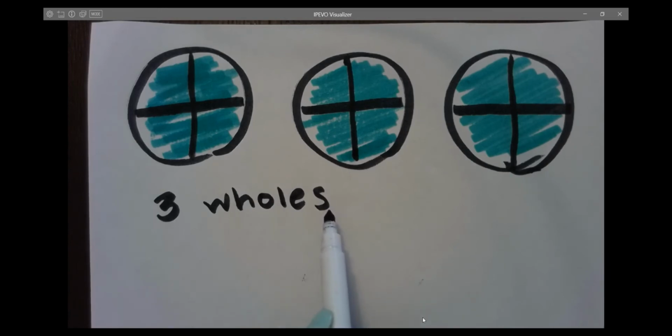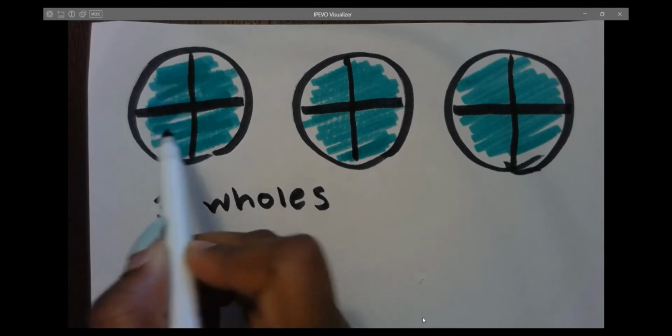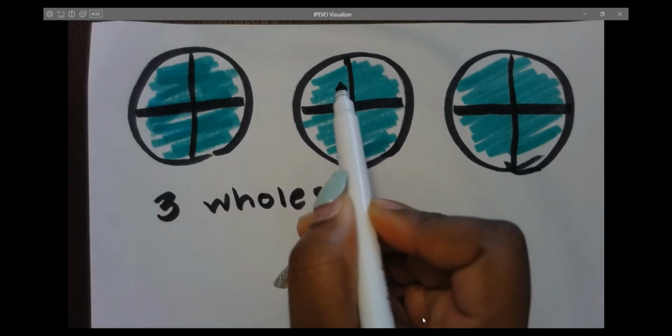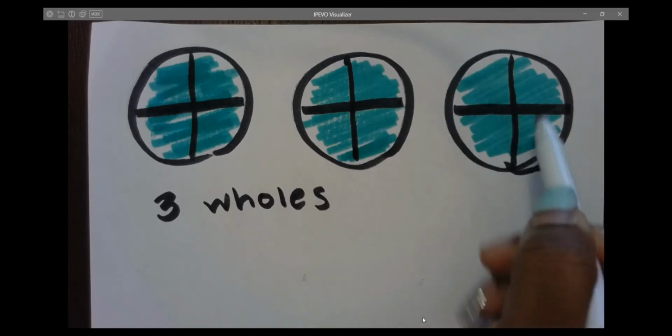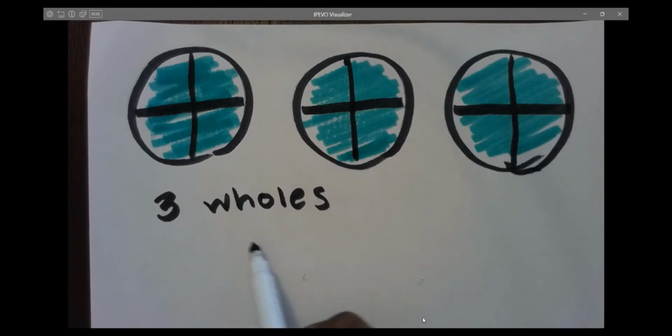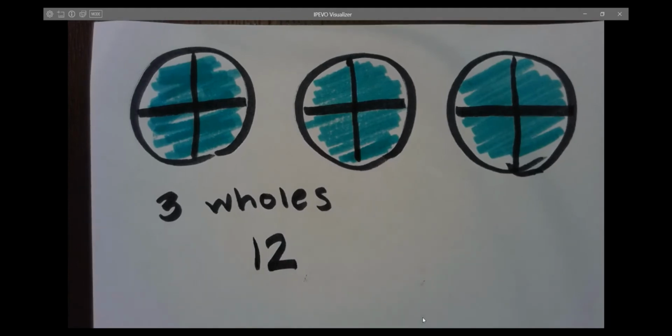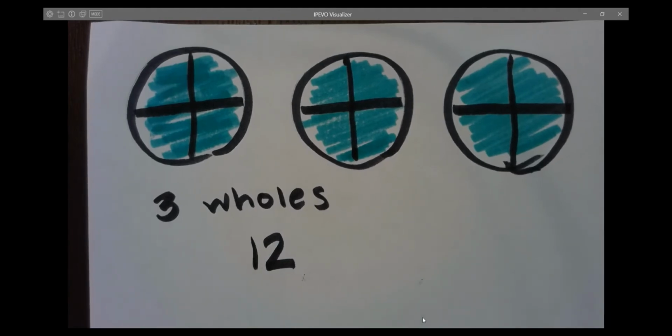Well, let's start by counting the number of pieces shaded. We have 1, 2, 3, 4, 5, 6, 7, 8, 9, 10, 11, 12. So we have 12 that are shaded, and that's our numerator, because it tells us the number of pieces that are shaded. Now let's figure out our denominator.